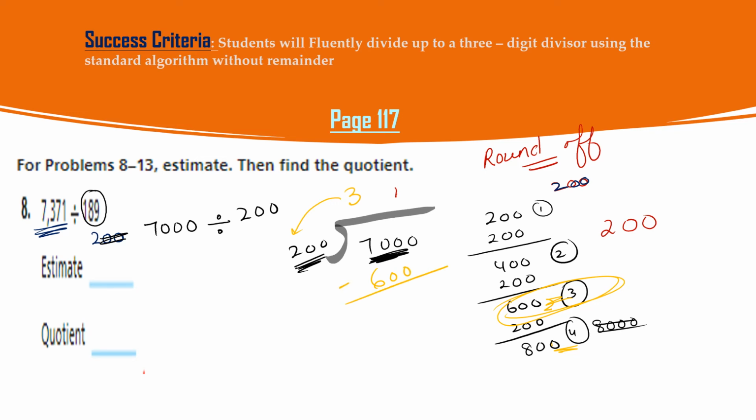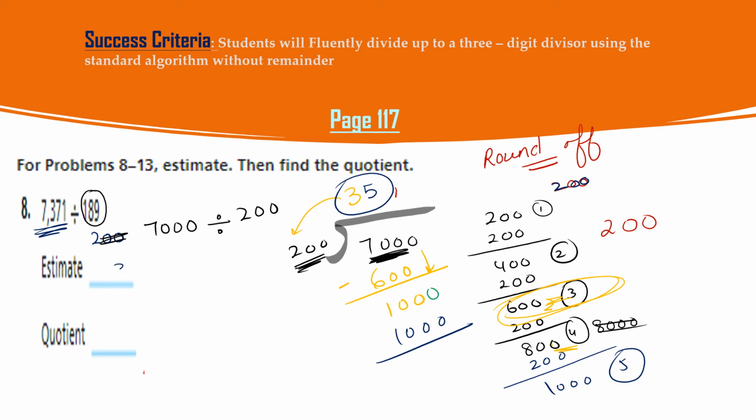Subtract. So 700 minus 600 gives you 100. Bring the 0 down, so it becomes 1000. Now again add 200 here. So it will give us 1000, the fifth time. So 5 times 200 gives us 1000. So what is the answer? Estimate answer is 35. Now what is the quotient?